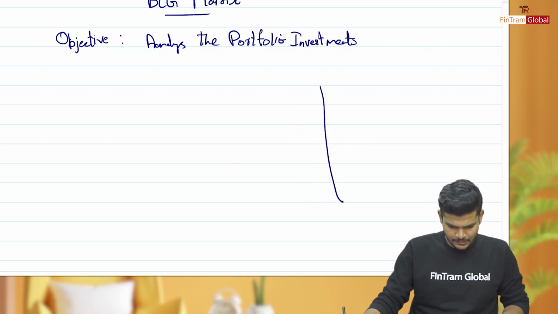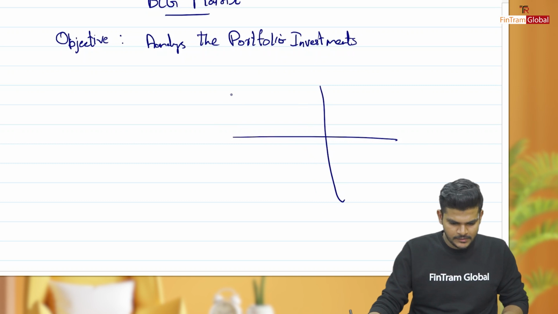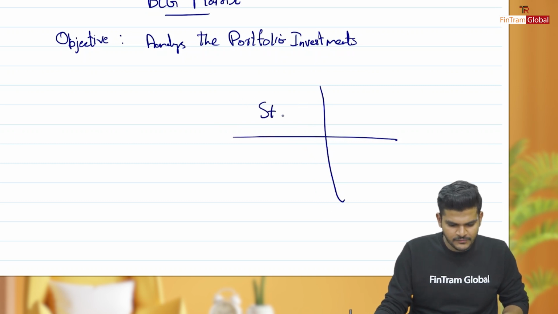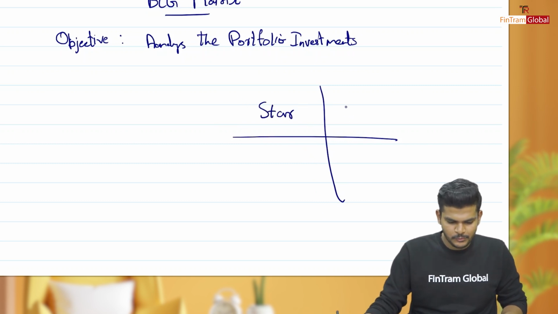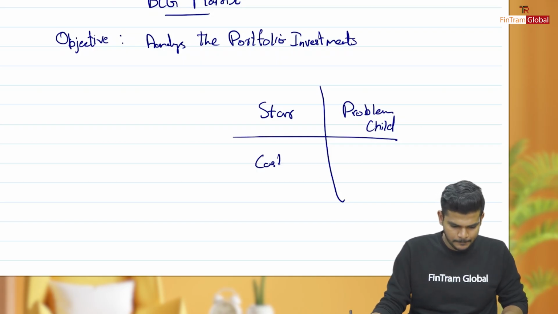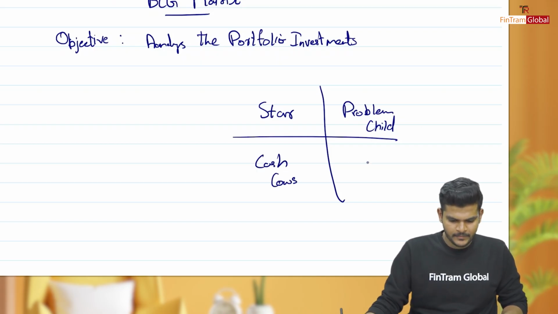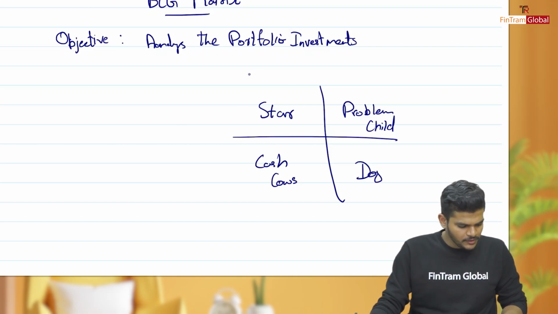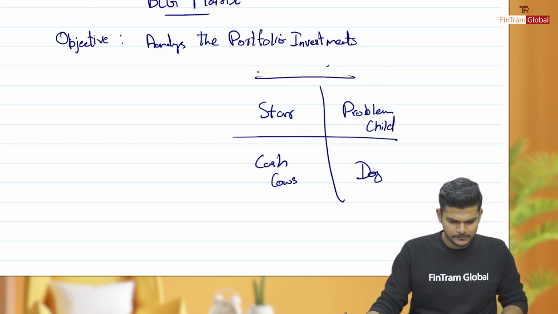There would be star investments. There would be problem child. There would be cash cows and dog investments as well, right? So all of these are dependent on 2 factors. Okay, folks?